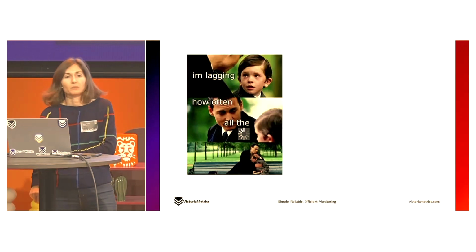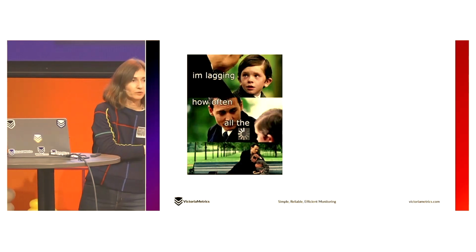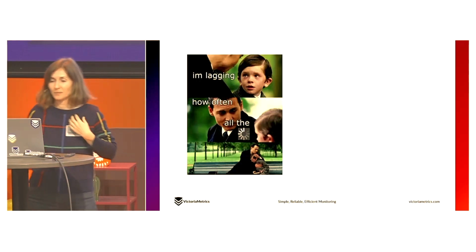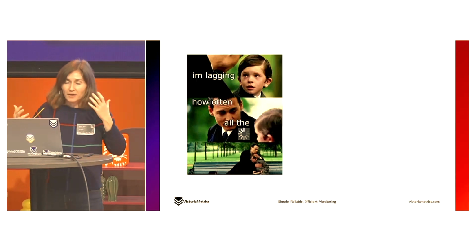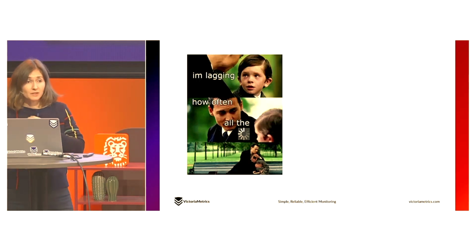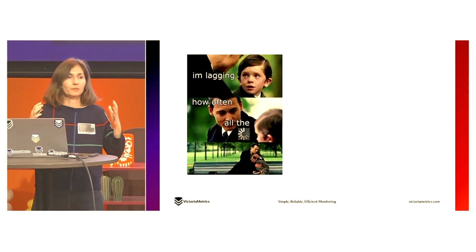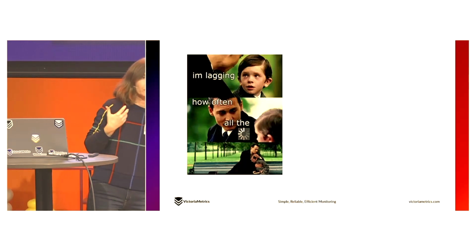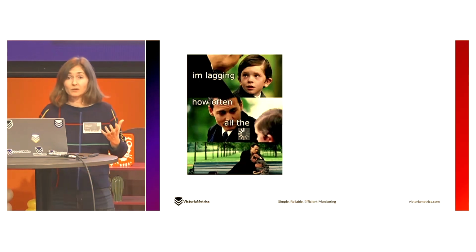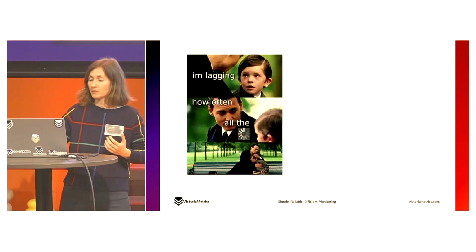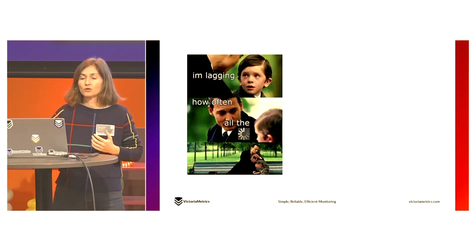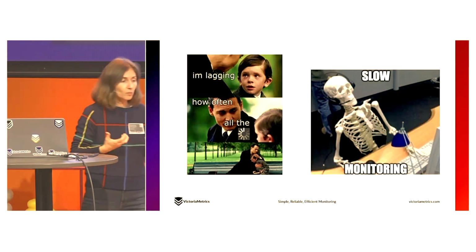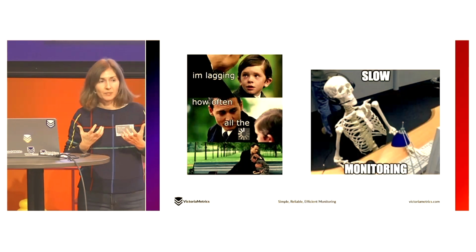As an SRE, I'm sure every one of you has managed alerts in the middle of the night about latency, and not only in the middle of the night, but latency causes a real problem in observability. Lagging is a big issue. It drives slow monitoring. It really is a pain.